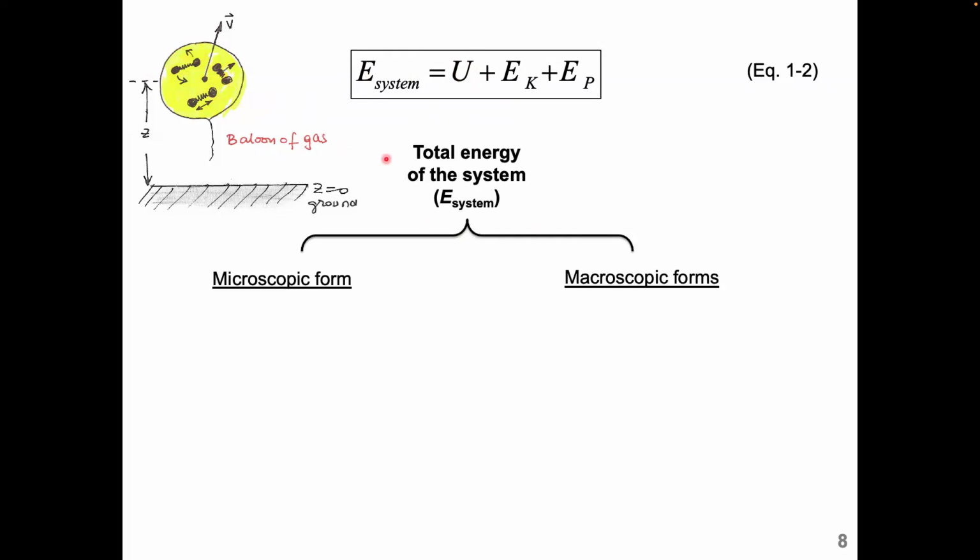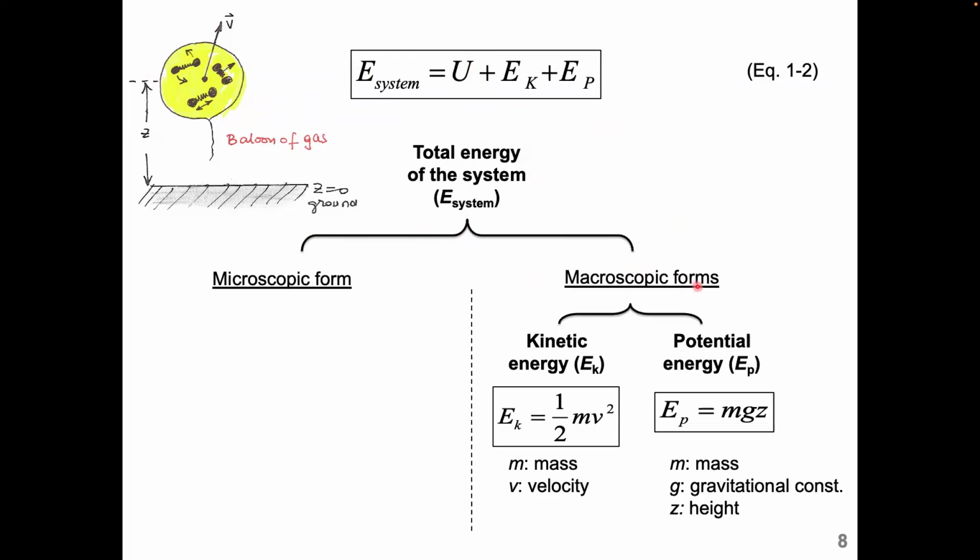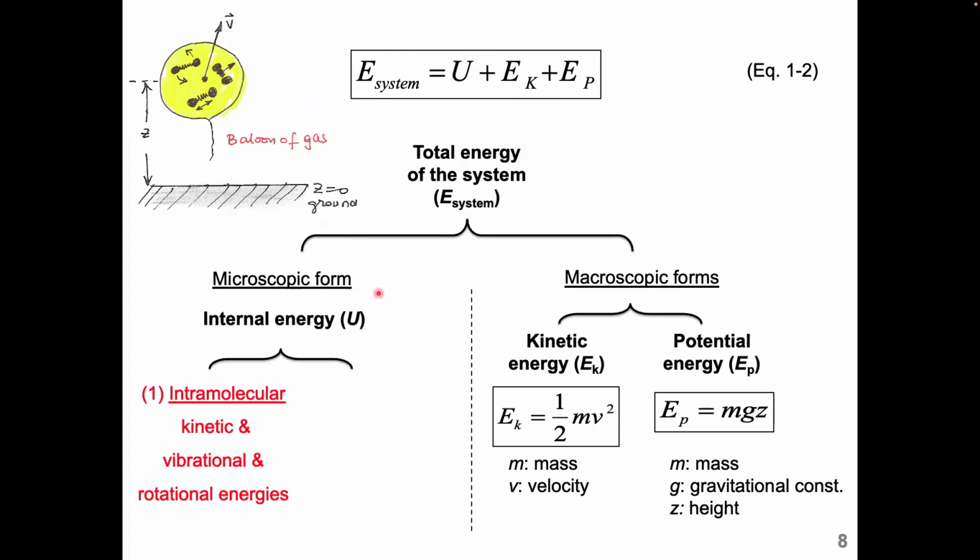All right. So the total energy of the system, like I mentioned, has macroscopic forms, which are kinetic energy and potential energy, right? And then we also have microscopic forms, which are internal energy. Internal energy also consists of intramolecular interaction, basically the interaction within the molecule by itself. It could be kinetic, vibrational, or rotational energy.